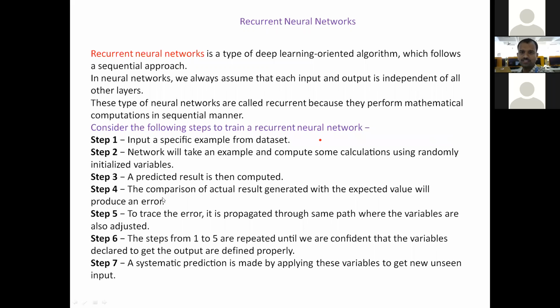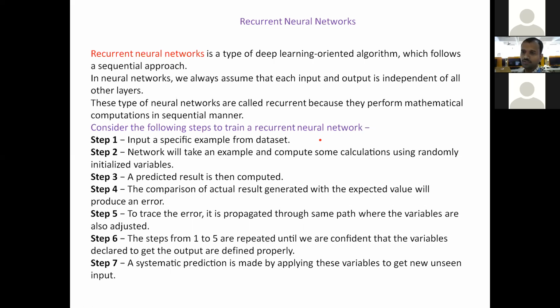Once CNN is learned, what is RNN? What is the difference between CNN and RNN? RNN is a deep learning algorithm which follows a sequential approach. This is the main difference you have to understand. Where a sequential approach is required in research, people in deep learning generally go for RNN without hesitation, because a lot of applications are in sequence.